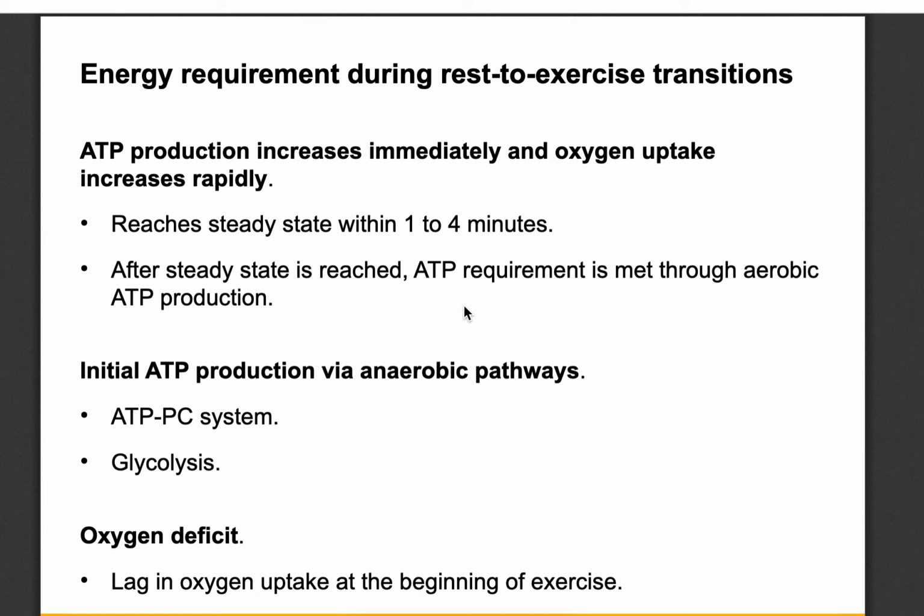After you reach that steady state, ATP requirements are met through aerobic ATP production. At the beginning of exercise, if you get up and start running right now, maybe because there's a fire in your room and you're running out, all of your anaerobic systems make ATP much quicker than the aerobic. So those give ATP initially, and then eventually your body settles at a point where the aerobic systems take over.